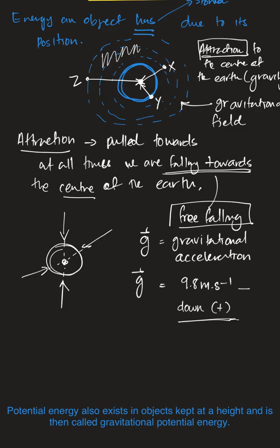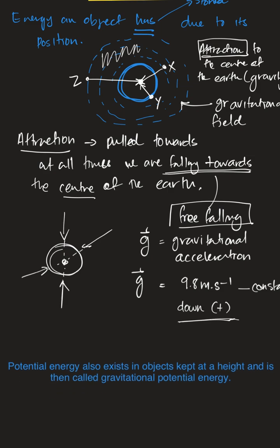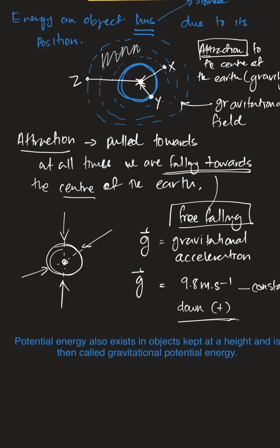You'll find it on your formula sheet. That means that when you see the symbol G, we're talking about gravitational acceleration. So when we talk about gravitational acceleration, we're dealing with situations, and I'm bringing this definition up here. We're saying that an object will have potential energy if it is kept at a height, and that's called gravitational potential energy.